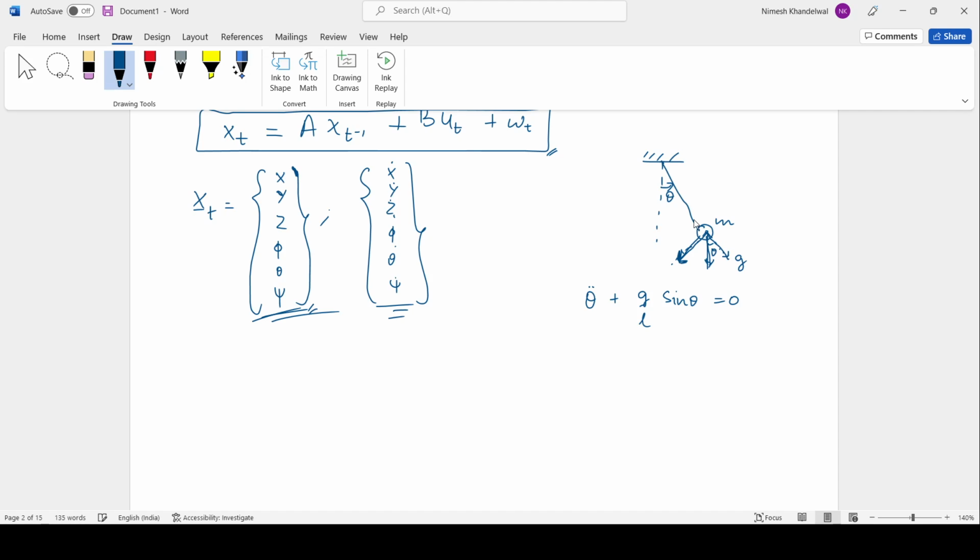The other component is only balancing out the tension. So m theta double dot can be written as the moment due to mg. If the length is L, that is mg sine theta in the minus direction times L. This is the moment due to mg sine theta.